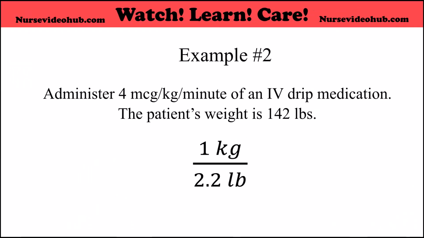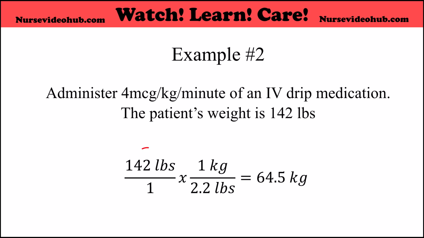Then you find a conversion factor between the given units of weight and the desired units of kilograms and write it as an equation. The conversion factor between pounds and kilograms is 1 kilogram equals 2.2 pounds. You put the unit you start with on the bottom, pounds, and the unit you're converting to on top, kilograms.